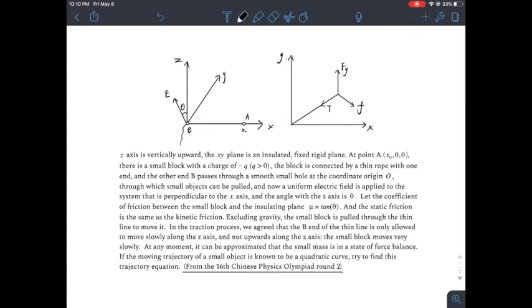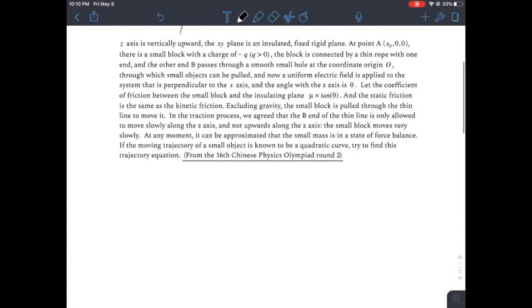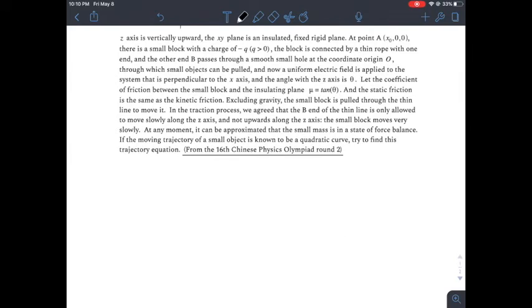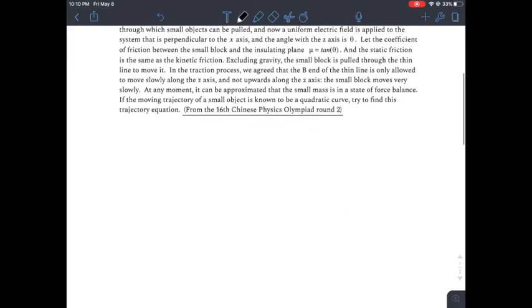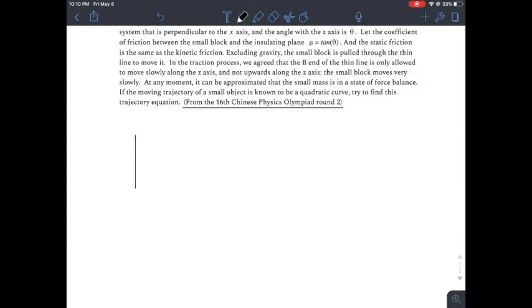So, welcome back, guys. We already have the force diagram, so we are not going to lay it out again. Let's look at the problem slowly. First, we have a coordinate system, x, y, and z, with center origin O, and there's an external electric field pointing in the z direction, a little bit off, and there's the angle.